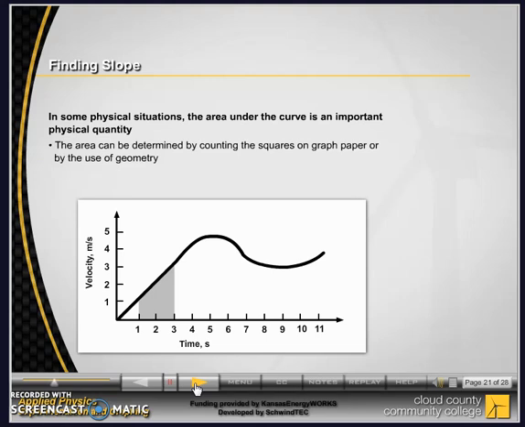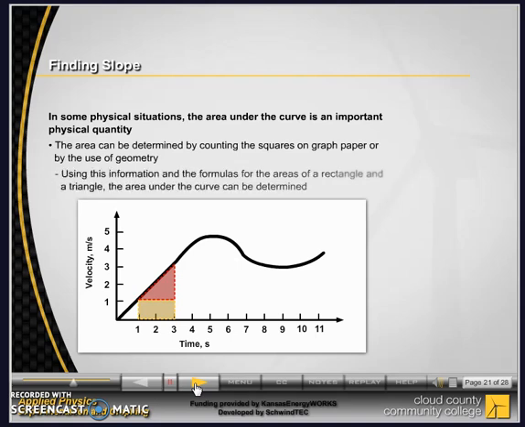For the area shown, the shaded area is the combination of a rectangle of width 2 seconds and a height 1 meter per second, and a right triangle of base 2 seconds and height 2 meters per second. Using this information and the formulas for the areas of a rectangle and a triangle, the area under the curve between t equals 1 second and t equals 3 seconds can be determined.